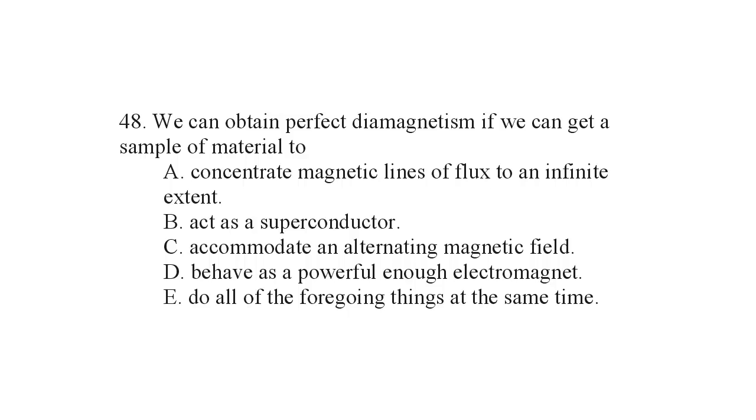We can obtain perfect diamagnetism if we can get a sample of material to do what? Well, what is perfect diamagnetism? We need to know, first of all, what that means. Perfect diamagnetism means that an object that has this property expels all of the magnetic flux that comes near it.